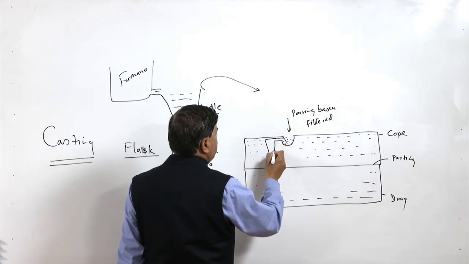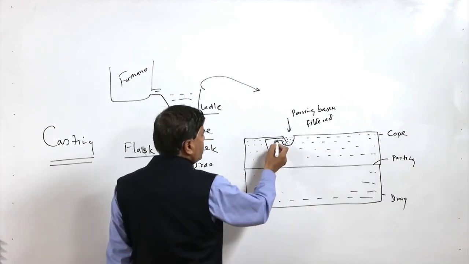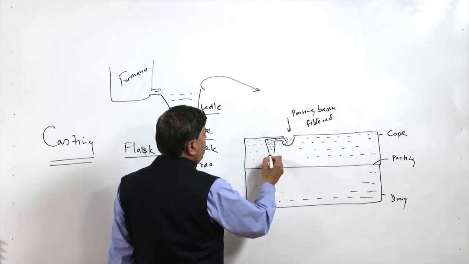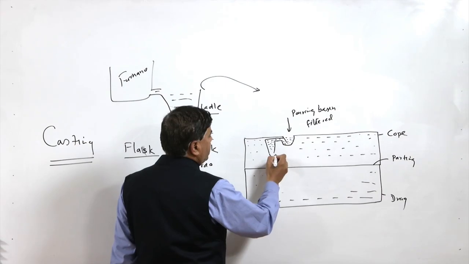After the pouring basin, the molten metal goes into the sprue, and there it changes its direction of flow.